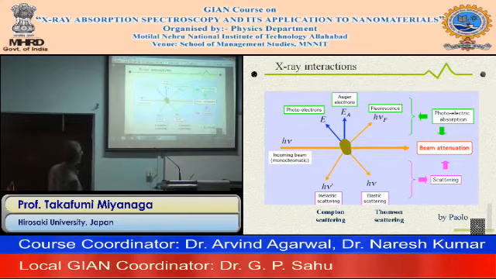Another name is elastic scattering: the same energy is scattered and emitted. Another one is inelastic scattering. We call it Compton scattering after the name of the physicist.